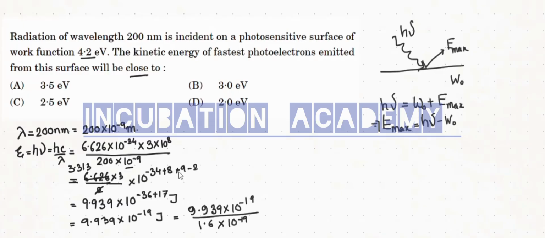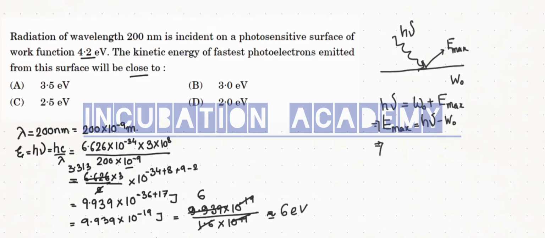The 10 to the power minus 19 terms cancel out, so 9.9 divided by 1.6 is approximately 6. It is not exactly 6, a little bit more than 6.